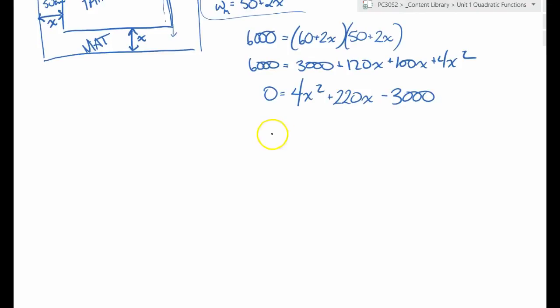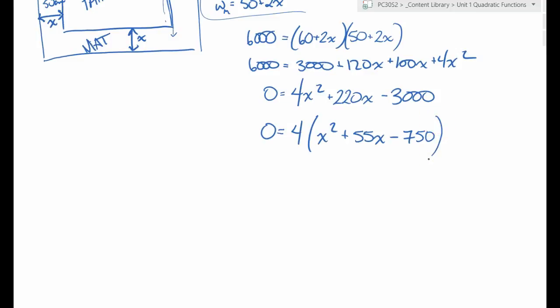So here I might factor out the 4. I'd be allowed to do that. 4 goes into all of this evenly, so I'm left with x squared plus 55x minus 750.